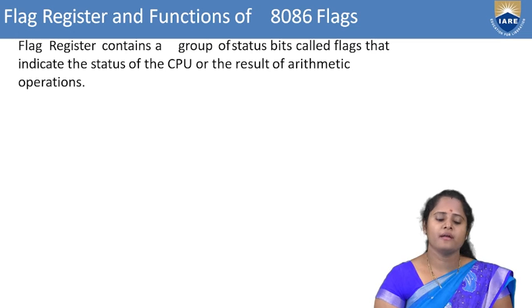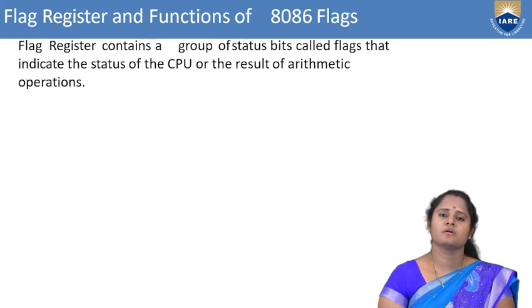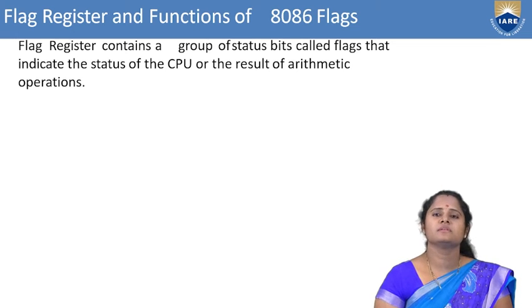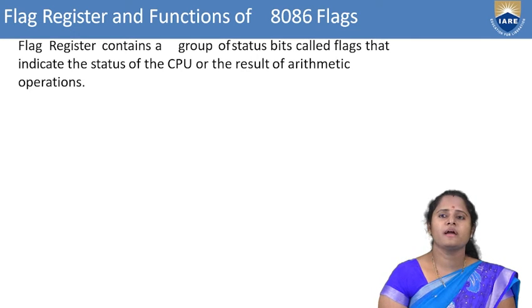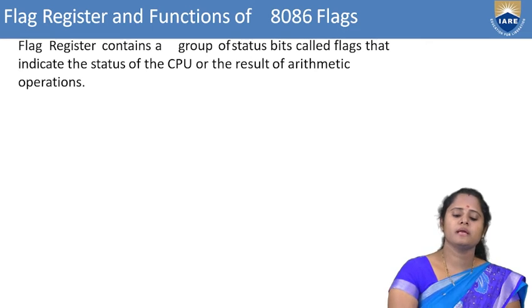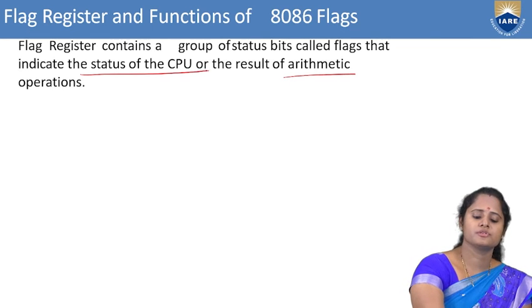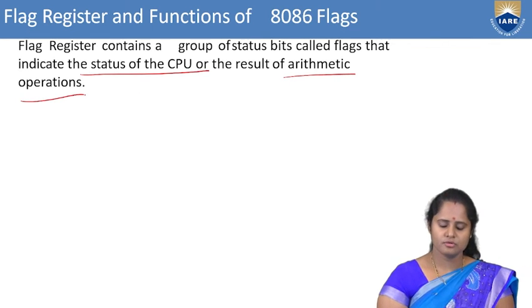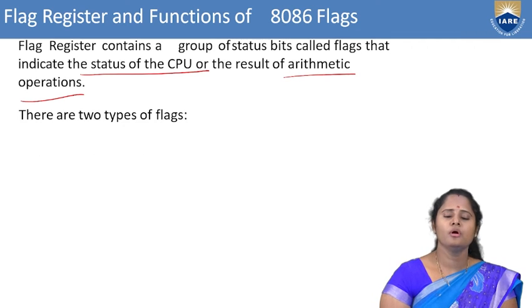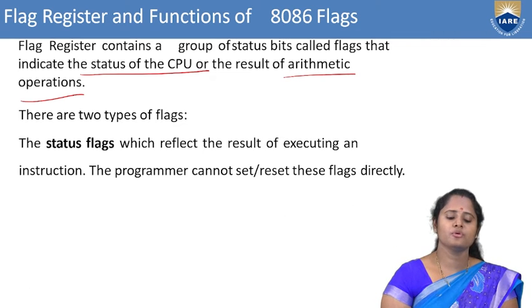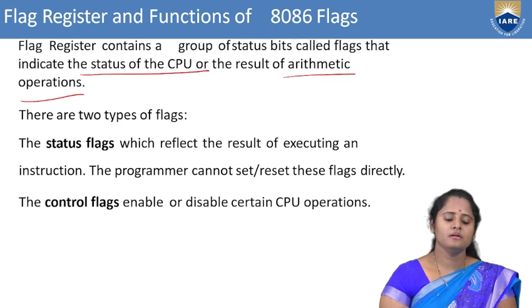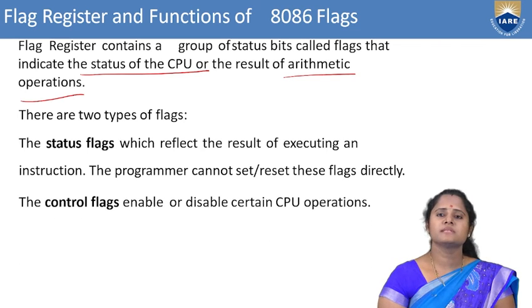Next we'll go for the flag register. As we have discussed, the flag register shows the status of the arithmetic operation. It stores the status of the arithmetic operation. There are two types of flags: status flags and control flags. What are status flags?